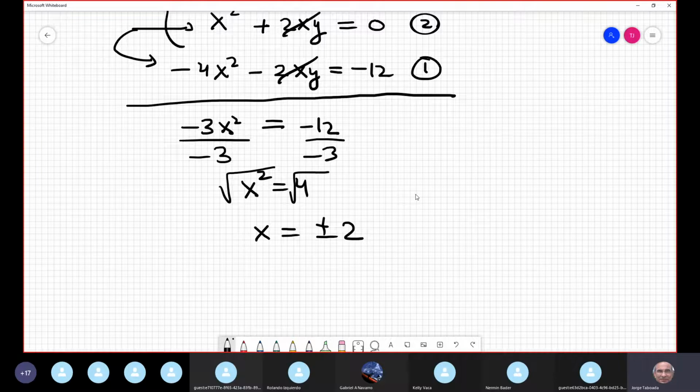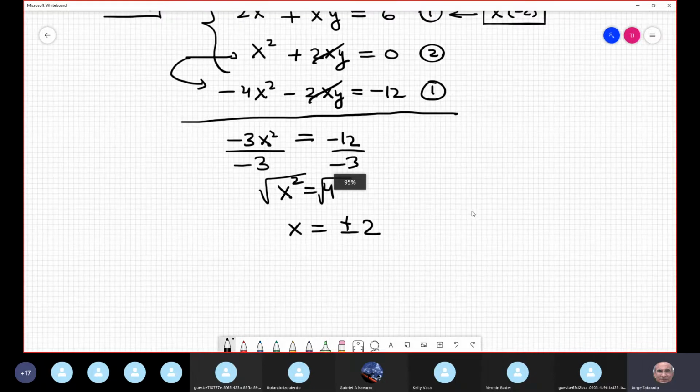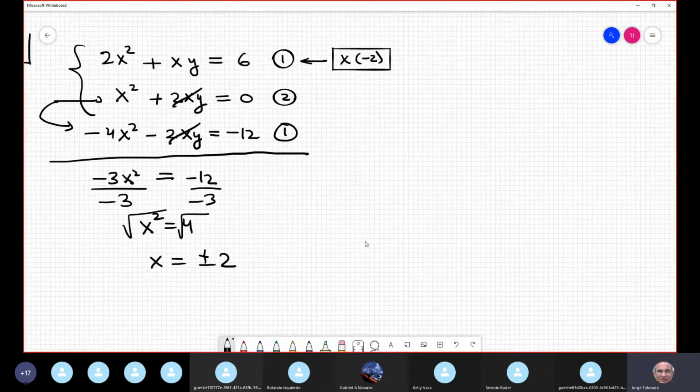Okay, so now this is the moment to do substitution. For example, at x equal +2, you plug into the easier equation. My opinion is this one, because I take advantage of getting 0 on the right-hand side. So it's 2 squared, which is 4, plus 2 times 2y equals 0.